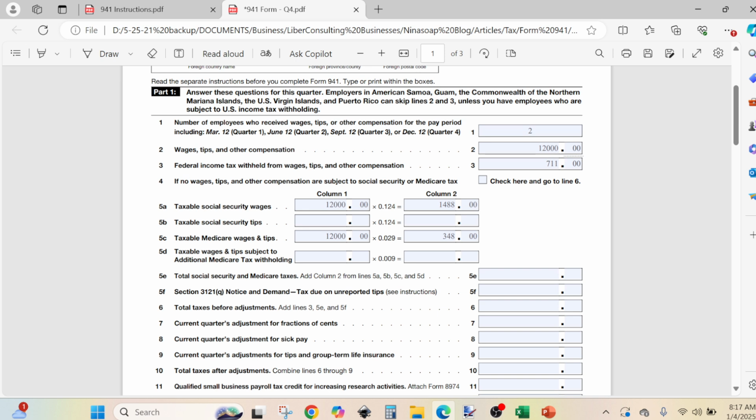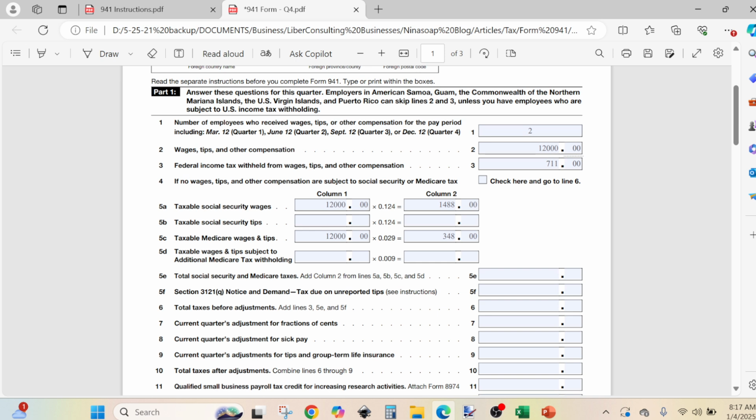Your business and the employee pay the Medicare tax up to that $200,000, and past that you will collect 0.9% from the employee's income, but it is for salary over $200,000.